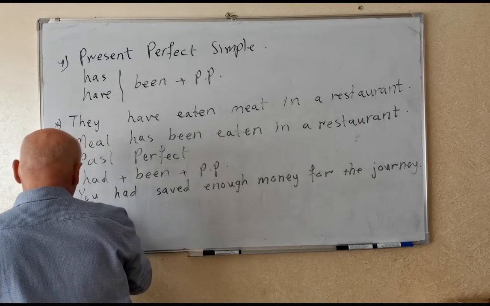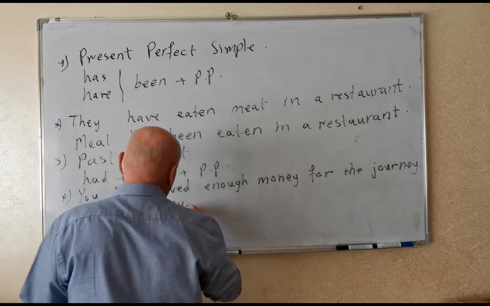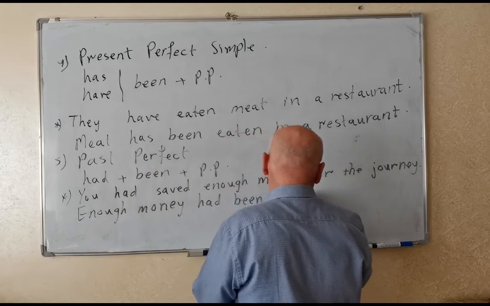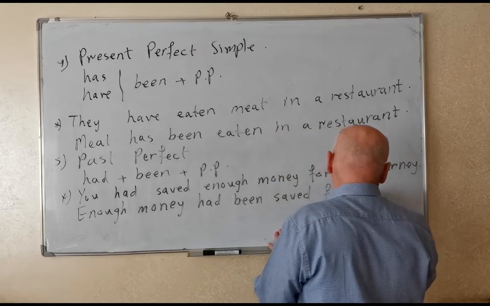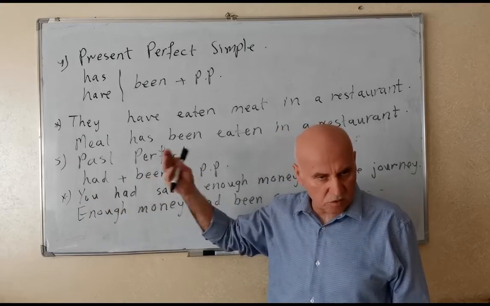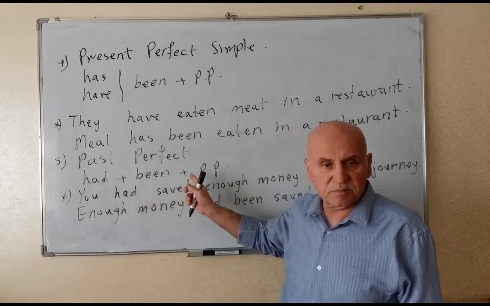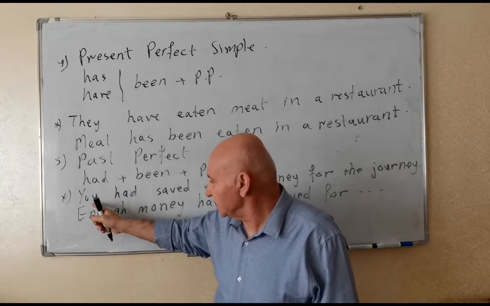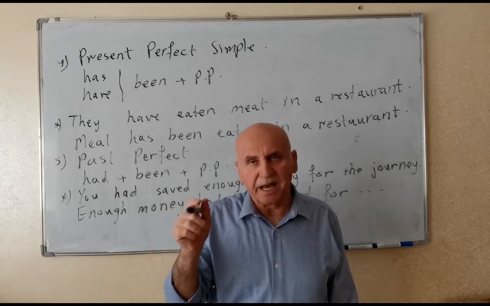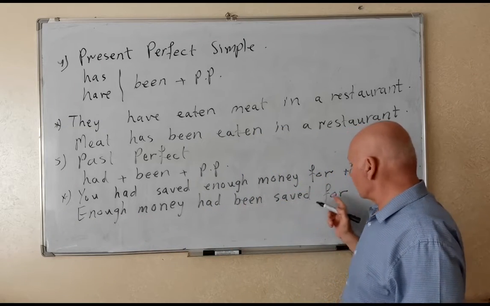It's enough money. Enough money had been saved for the journey. Again, the passive of the past perfect is formed by using had plus been plus the past participle. You had saved enough money for the journey. Enough money had been saved for the journey.